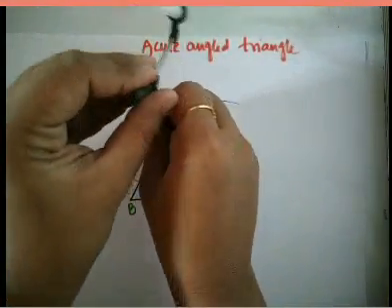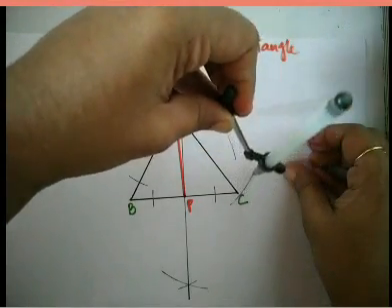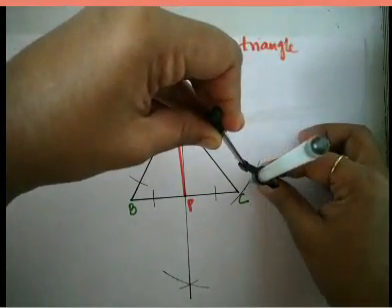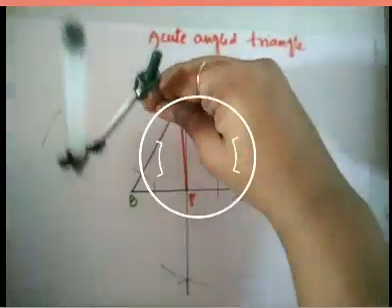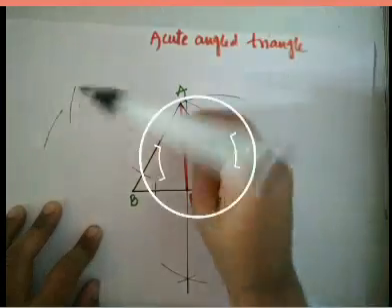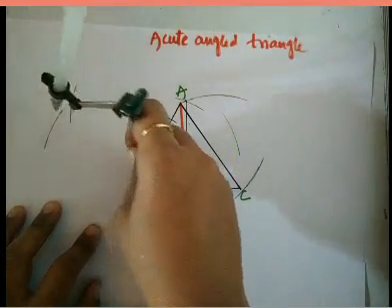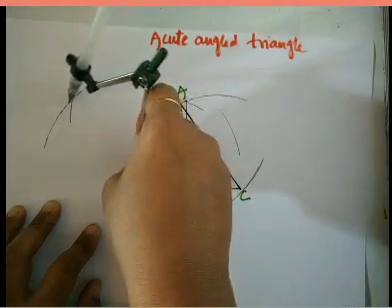Okay, and draw an arc up and down. And if they are not intersecting, kindly extend it further. I am going to keep it again here. Okay, I'll extend this arc.